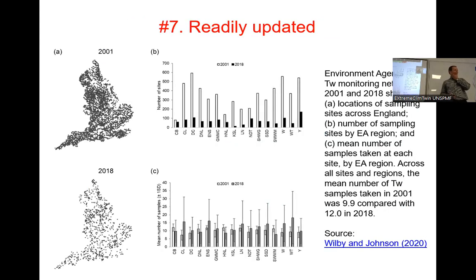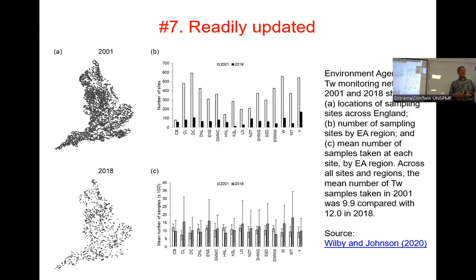Readily updated. Are the data still being collected? This is a bit of a sad slide because it shows the shrinkage of the amount of data collection through time. In 2001, you can see how many sites we were measuring water temperature in England. And then nearly 20 years later, how the number of sites has shrunk. That's largely driven by cost savings.